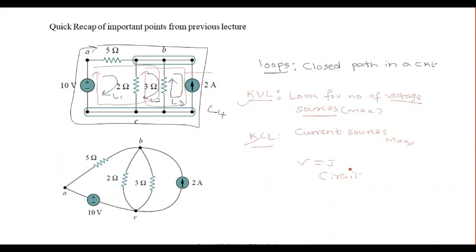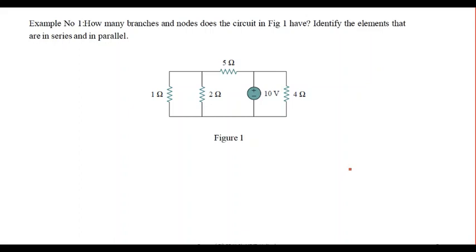Now, coming to the numerical problems over here, please go through this problem. First thing, what you need to understand here, you just think. The requirement is to identify how many branches and how many nodes are there in the given circuit.